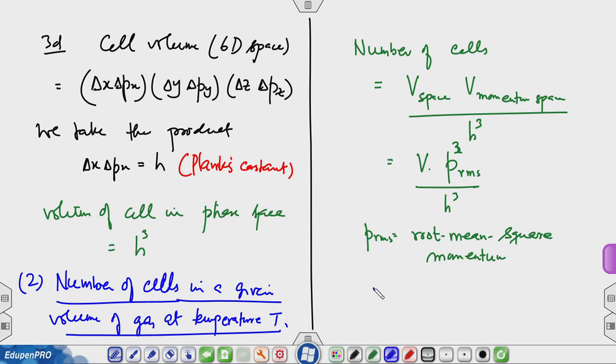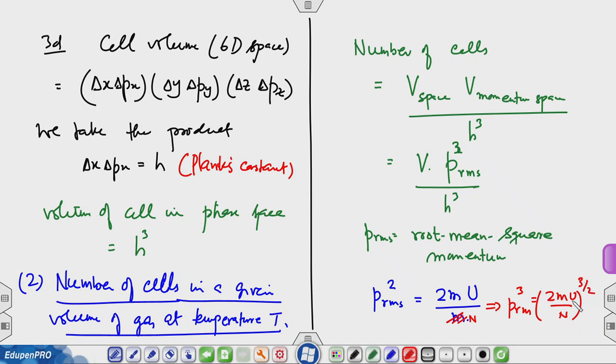Now, P rms square is equal to two m, the total energy U, divided by n.